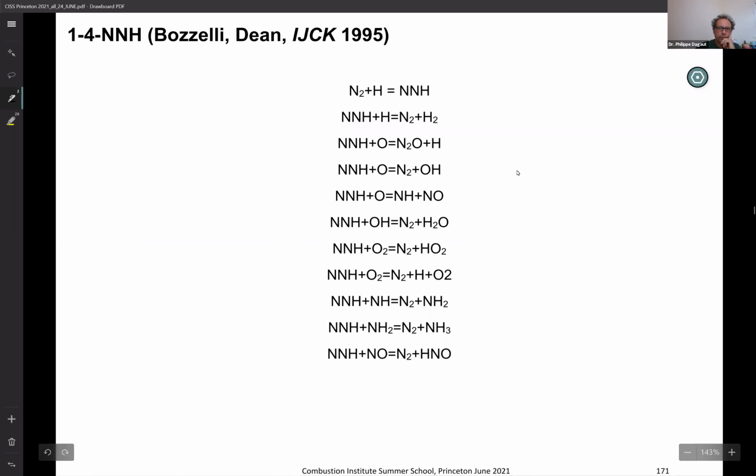The fourth set of reactions is the NNH mechanism proposed by Bozzelli and Dean in 1995.